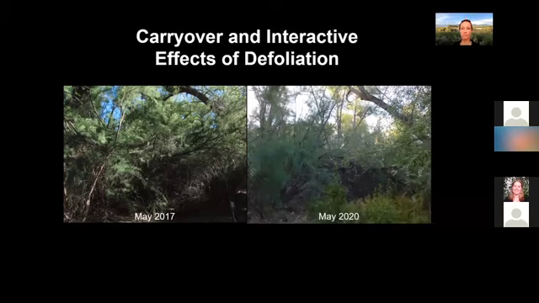So in some sites that aren't impacted by Diorama, drought alone is enough to cause decline in vegetation health. But there appears to be an interactive effect of drought and defoliation in some sites that's causing these severe declines in vegetation health and a lack of recovery even in the absence of defoliation events.